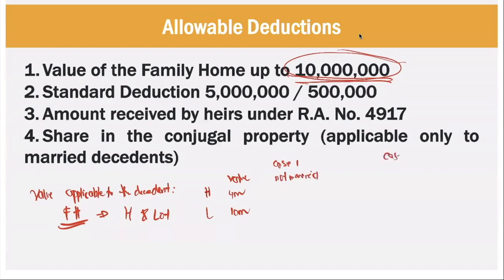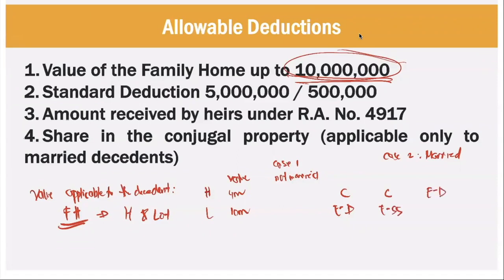Case 2, married. So, owned by. Case 2, married. So, house is conjugal, lot is exclusive of decedent. House is conjugal, lot is exclusive of surviving spouse.